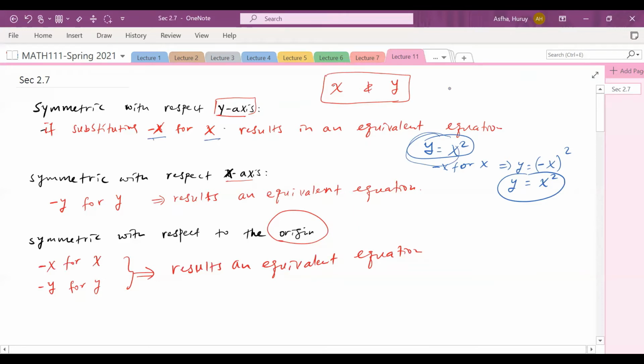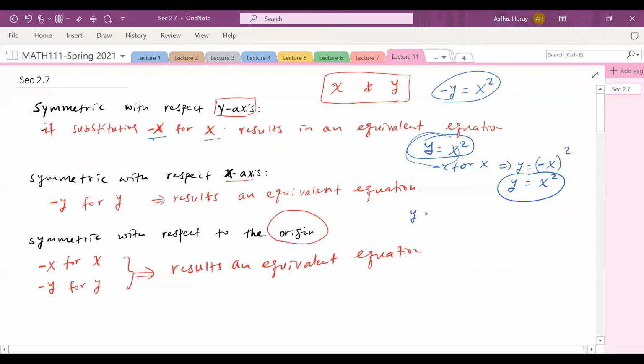Okay, but if I substitute negative y for y, I will get an equation which is not the same as the original. Therefore, it's not symmetric with respect to the x-axis, and similarly, it's not symmetric with respect to the origin.